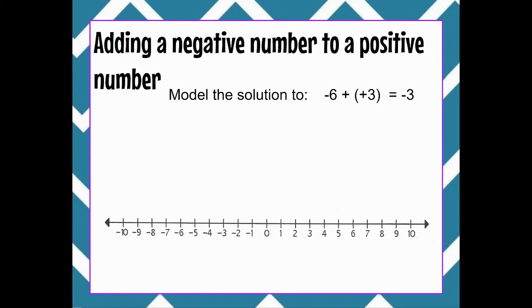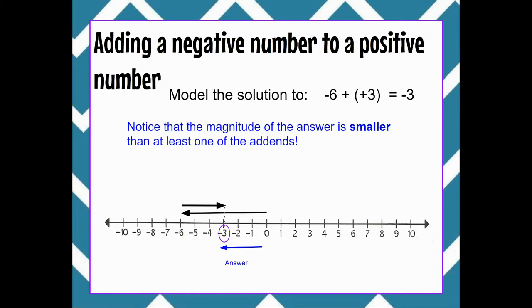Now consider adding a negative number and a positive number. Did you notice in this case the arrows are overlapping? They are not pointing in the same direction. The magnitude of my answer is smaller than at least one of the addends.